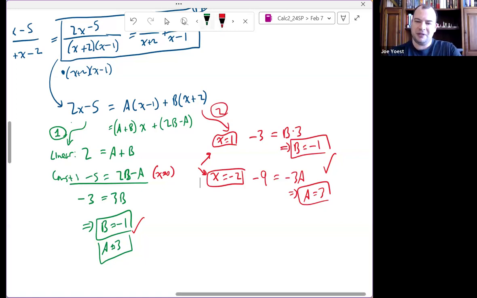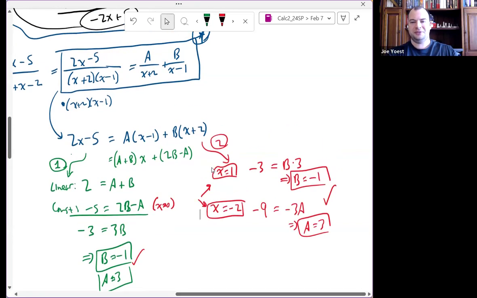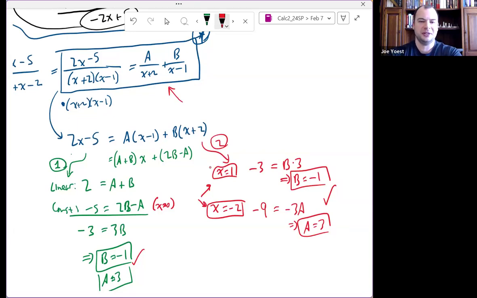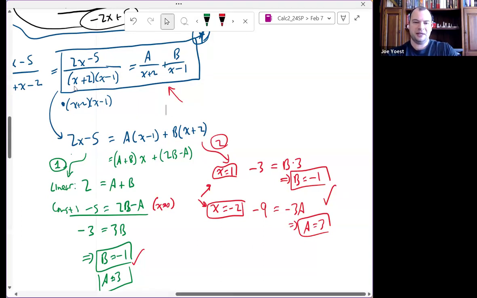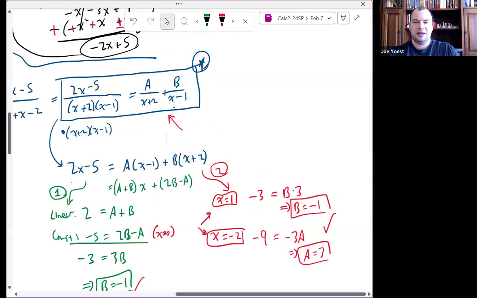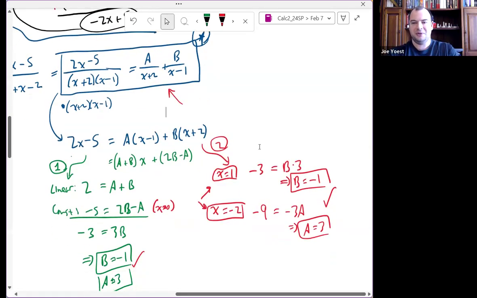One little side note, you might be saying to yourself, wait, we plugged in x equals 1 and x equals -2, but if I think back a couple of steps, aren't those like restricted values? Well, keep in mind with a rational expression like this, we've kind of cleared those zeros out of the way.